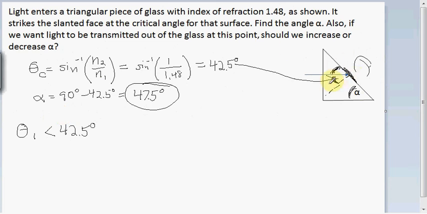So the question is, we're going to take alpha here and make it either larger or smaller, meaning we're going to take this side and either swing it out that way or swing it down that way. The question is, which of these is going to make this angle smaller?